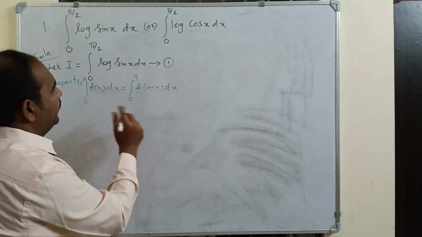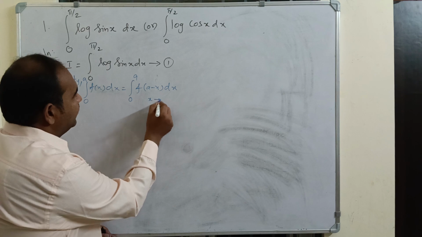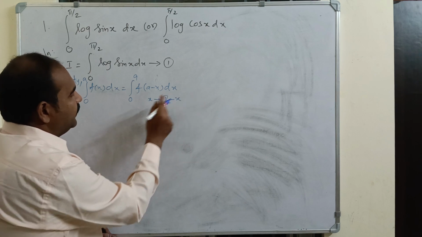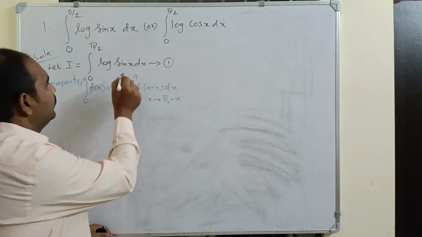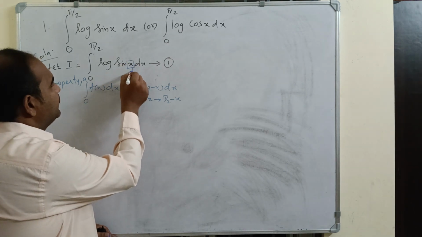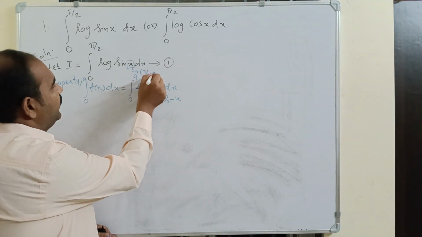By applying this property, x is changed into pi by 2 minus x.